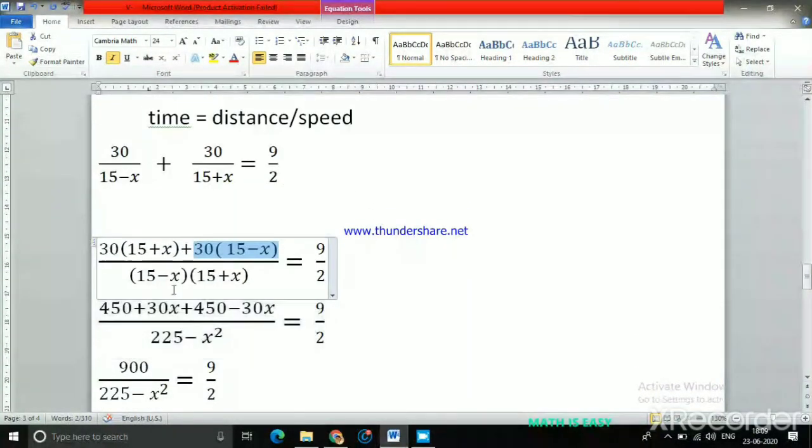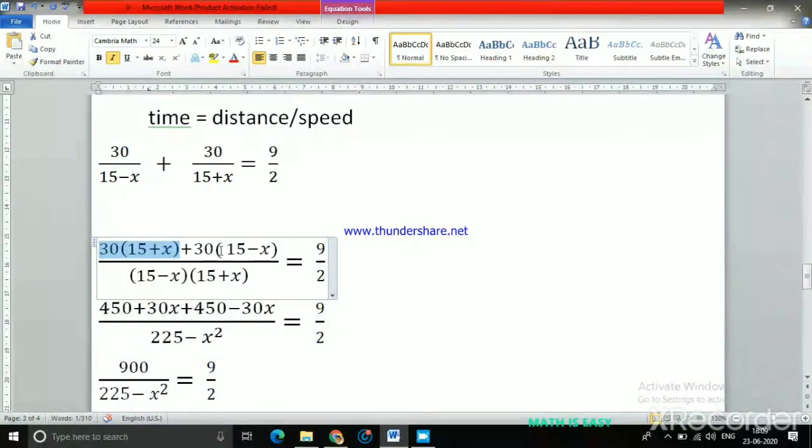Now open up the bracket. If you observe the denominator, this is a minus b into a plus b, which is a square minus b square. A square means 15 square, which is 225, minus b square means minus x square. In the numerator, you open up the bracket. 30 into 15 is 450, 30 into x is 30x.